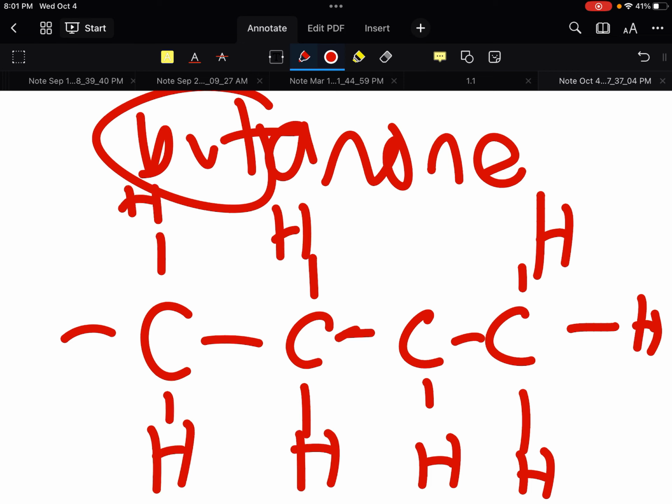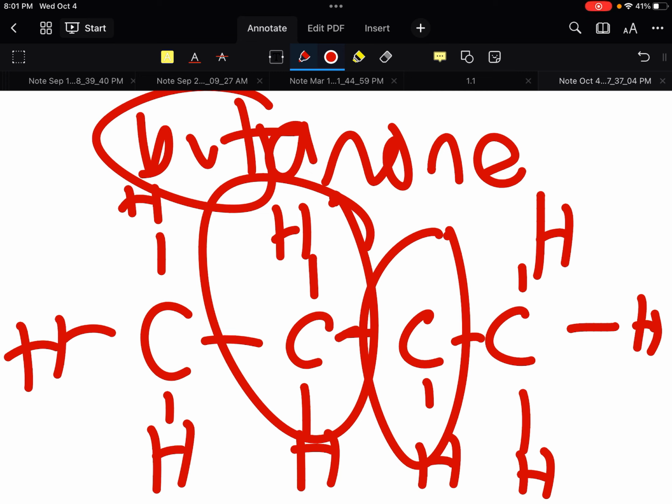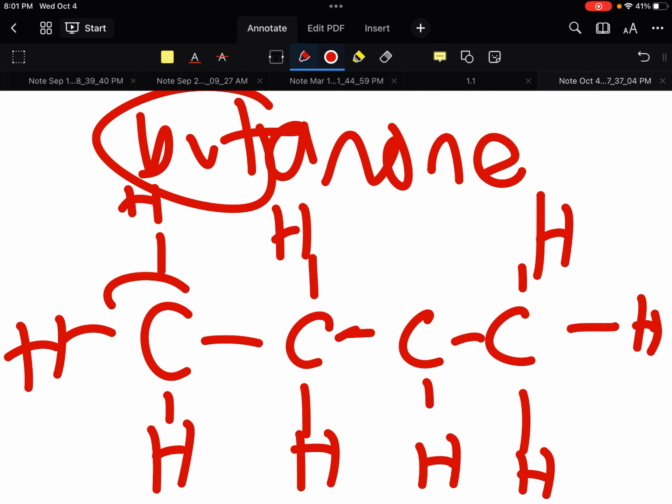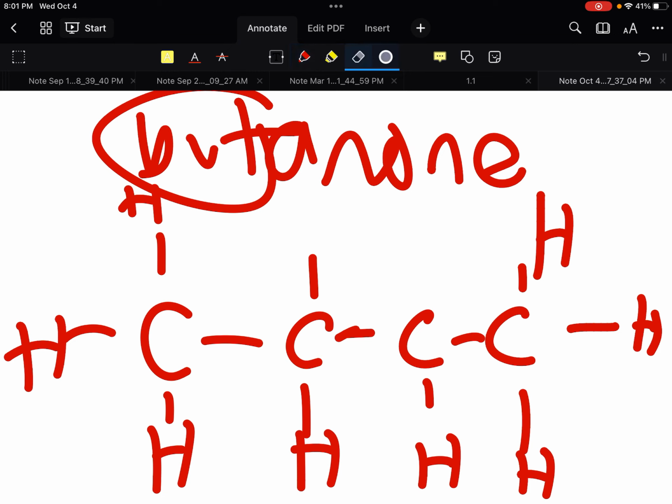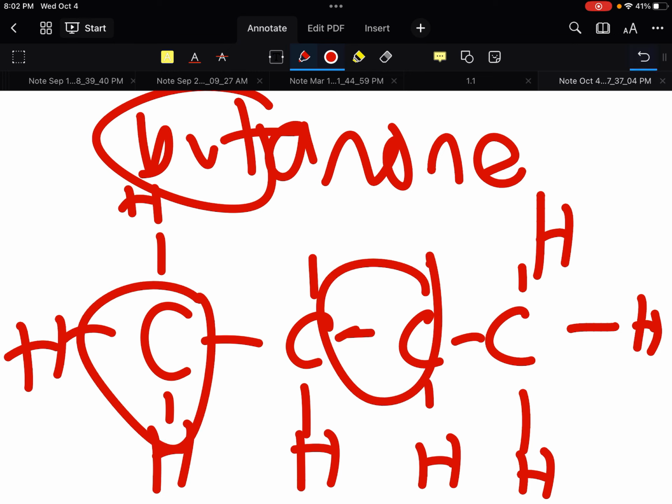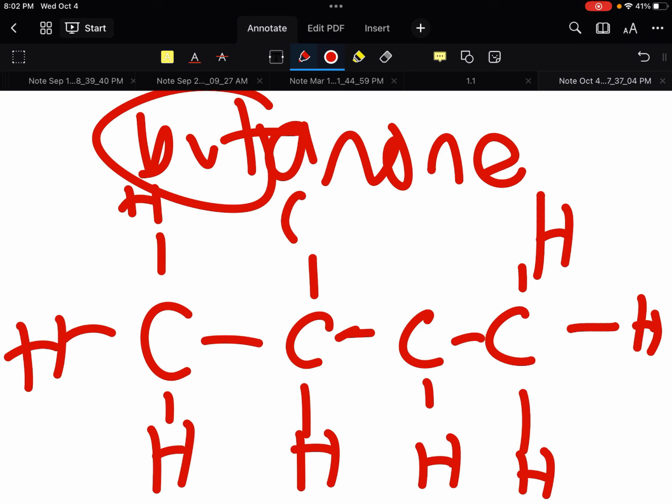It doesn't matter where you put the double bonded O. It could be on this carbon or on this one, as long as it's between 2 carbons. If I were to do it here, it would work because there's one on the left side and one on the right side. The same thing works with the other side too. Like here, because there's one on the left and one on the right, we can have a double bonded O right here.